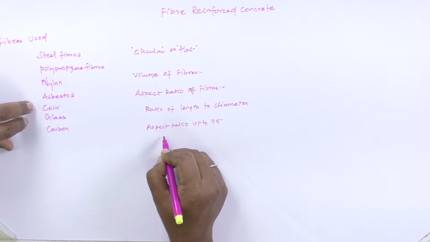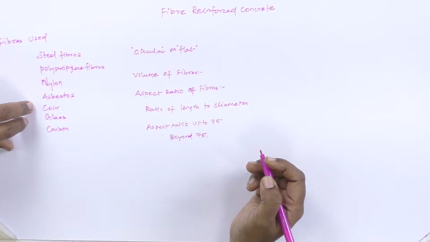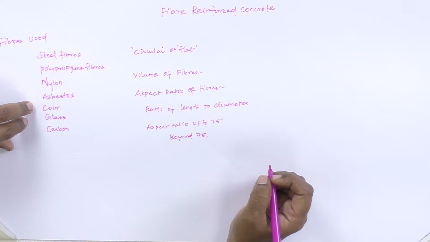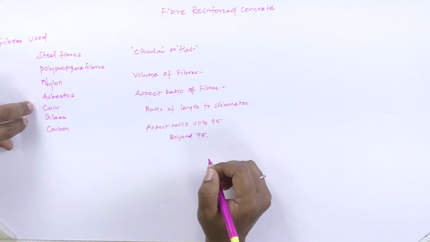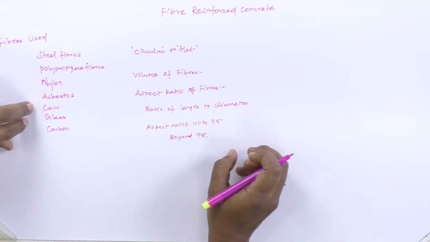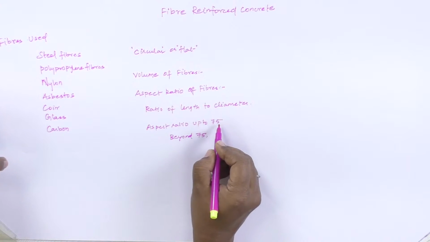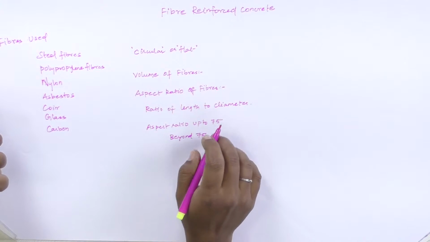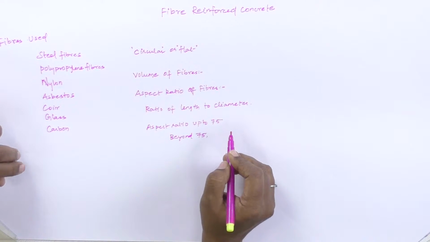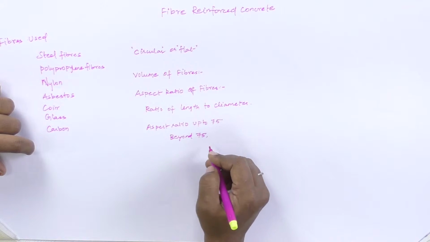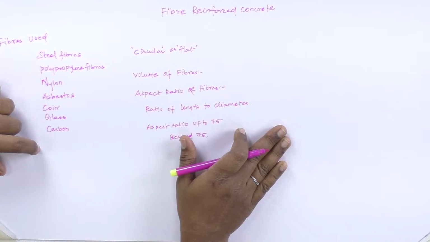Beyond 75, it has been reported that it decreases the tensile property of the concrete. Up to 75 aspect ratio, we can use the fibers in concrete and it increases the tensile strength, but beyond 75 it leads to a decrease in the tensile strength of concrete.